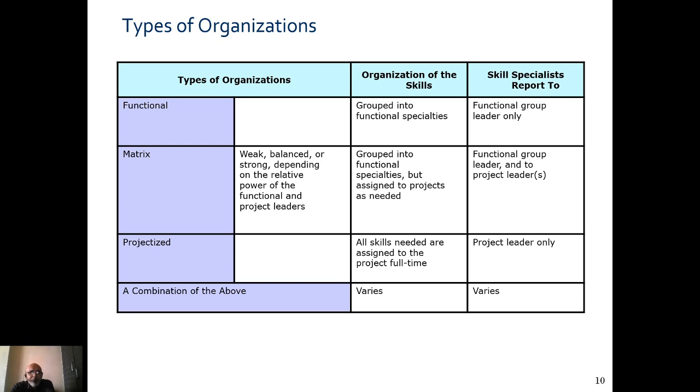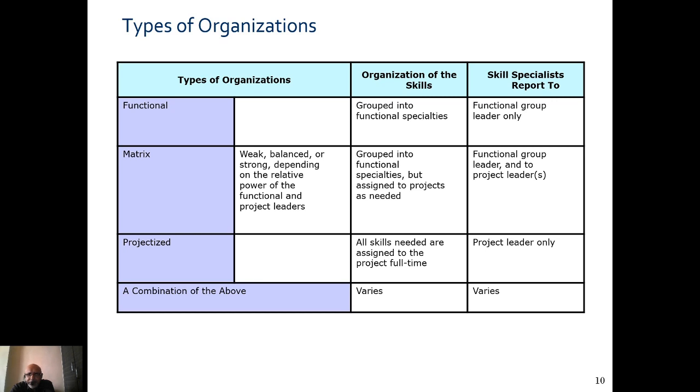Right. Now matrix. There are three groups: weak, balanced, or strong, depending on the power of functional and project leaders, grouped into functional specialties but assigned to projects as needed.